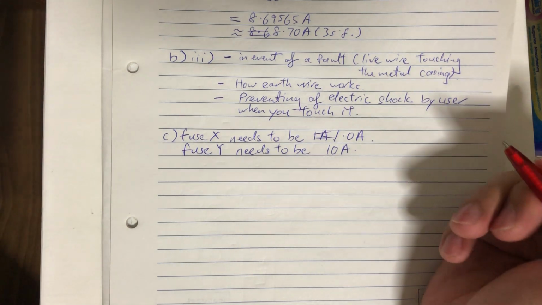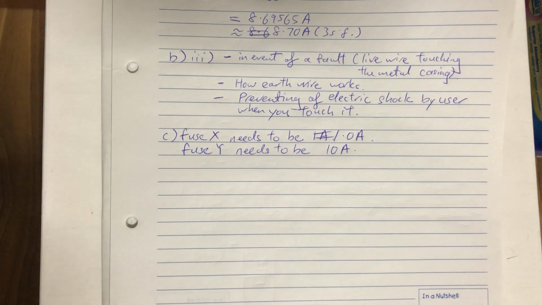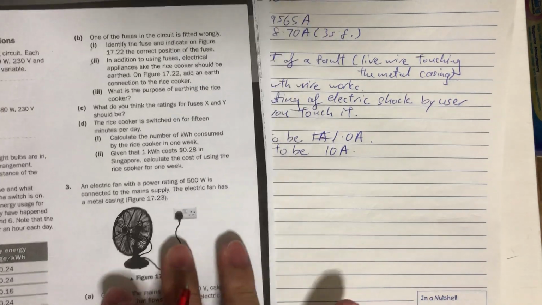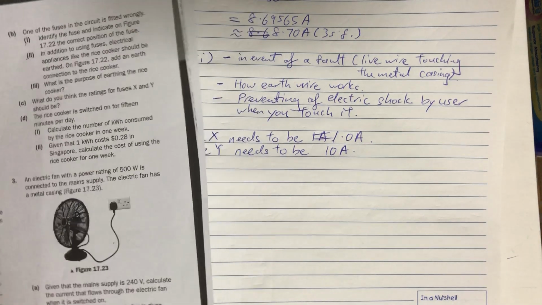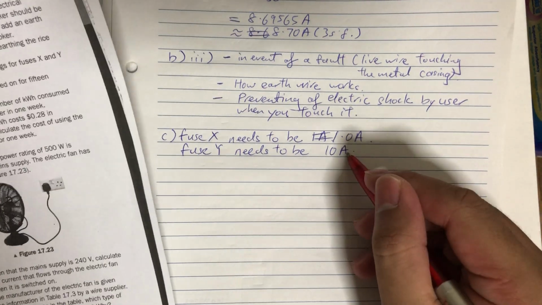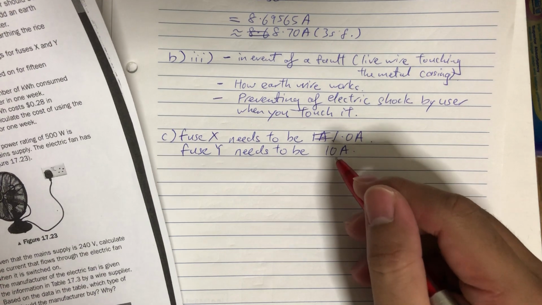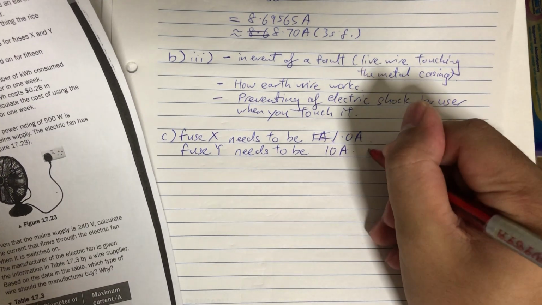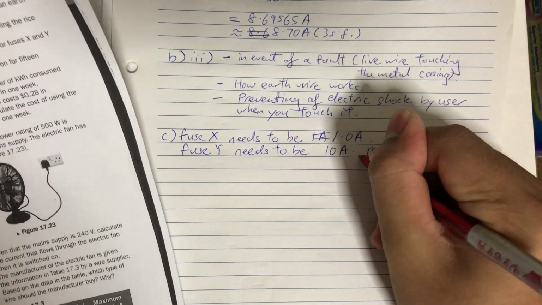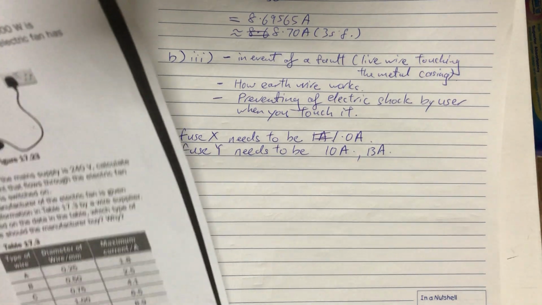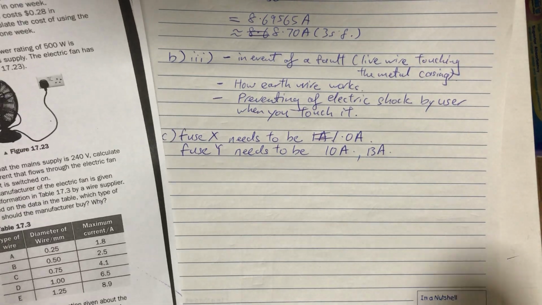I have to choose something that is slightly higher than what we need, yet within the recommended fuse rating. If there's no such thing as 10 ampere, then probably it will be a 13 ampere. Please check. I can't remember exactly now.